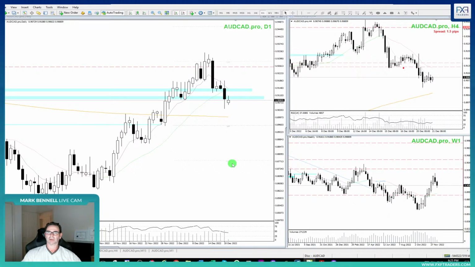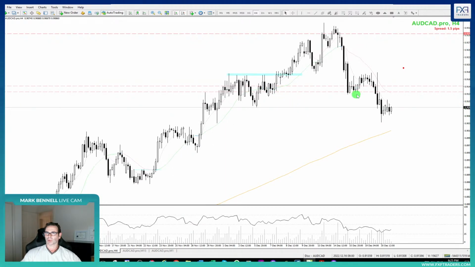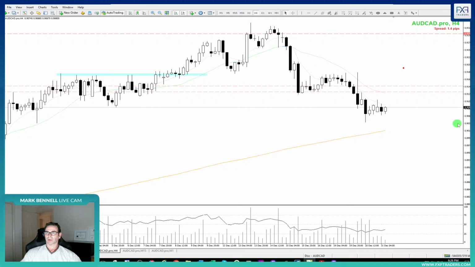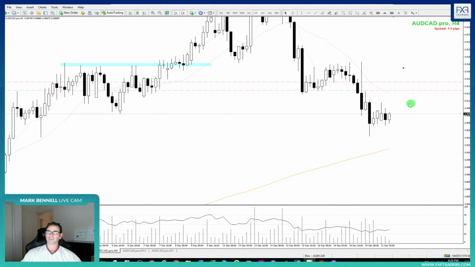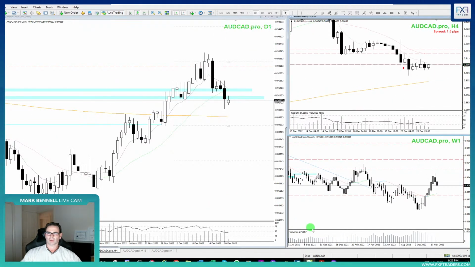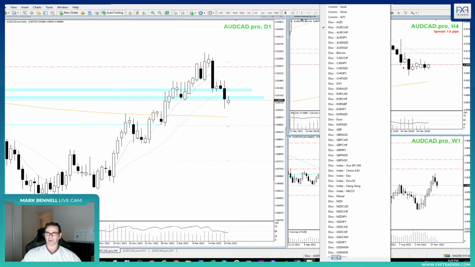Aussie CAD. So Aussie CAD's a little cleaner. It's had its push through. We looked at this yesterday. It's had the move through. Pulling back, so look for a continuation entry short. New Zealand was on the cards yesterday as well.